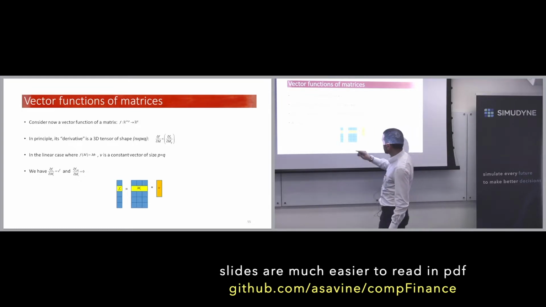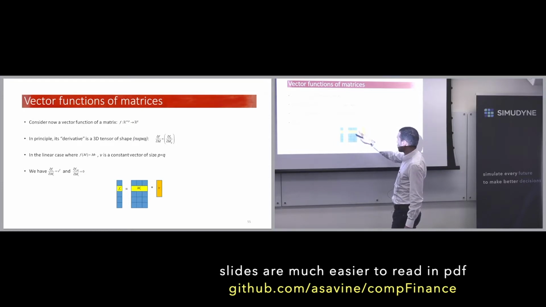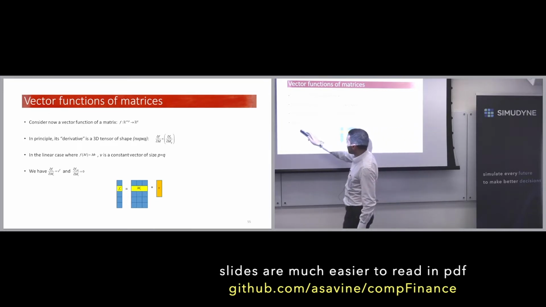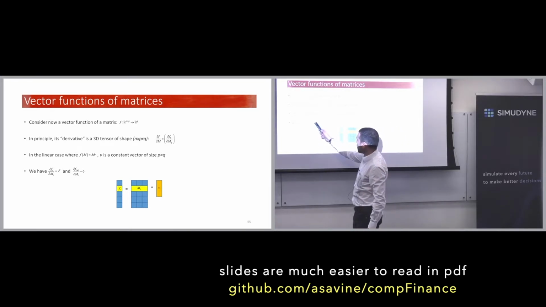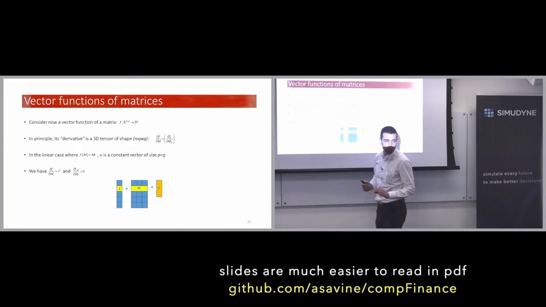Then we have that fi, the ith element of the result, only depends on the ith row of m, which is a dot product with this vector v. Which means that dfi over dmi, so dfi over the ith row of m, will be this vector v transposed, and dfj for j different from i over dmi would just be 0.